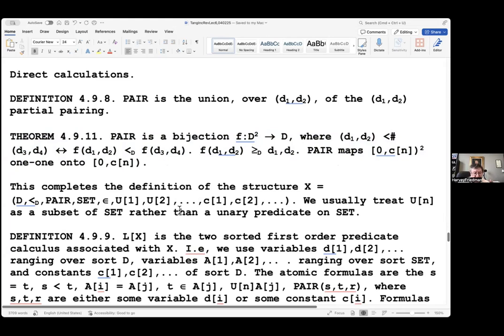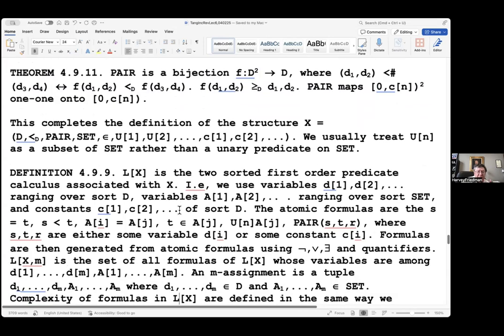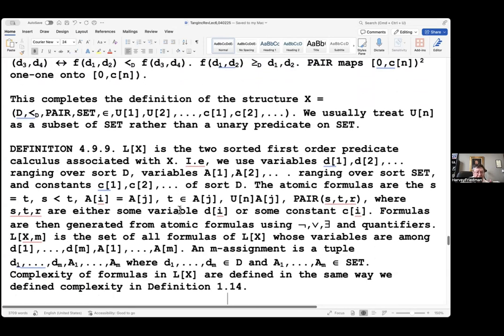And we usually treat U of N as a subset of set rather than a unary predicate on set. And then we make up a language for this structure X, a two-sorted language of the obvious kind, which doesn't really require any explanation.